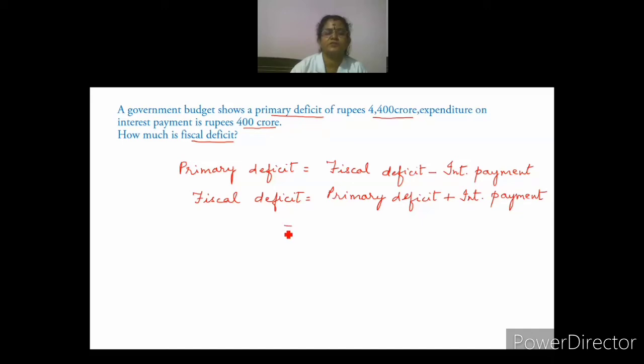Let us substitute. Primary deficit is rupees 4,400 crores plus interest payment is 400 crores. Therefore, the answer is 4,800 crores.